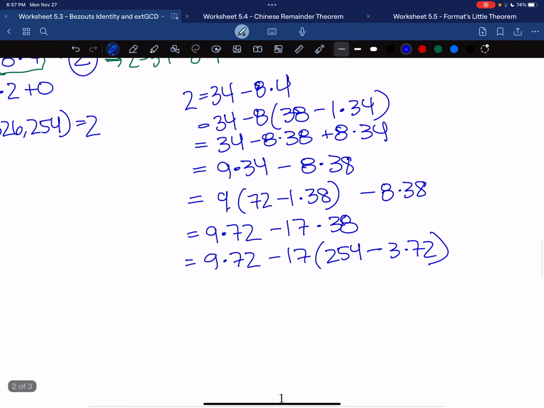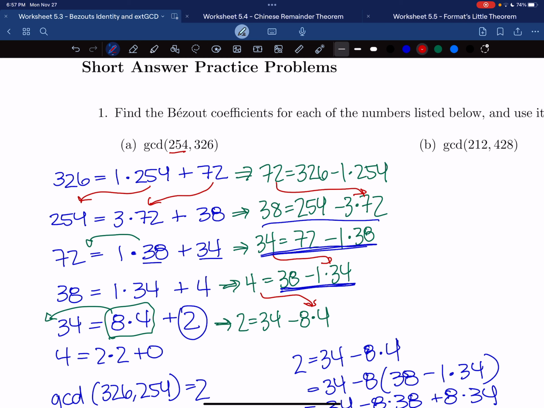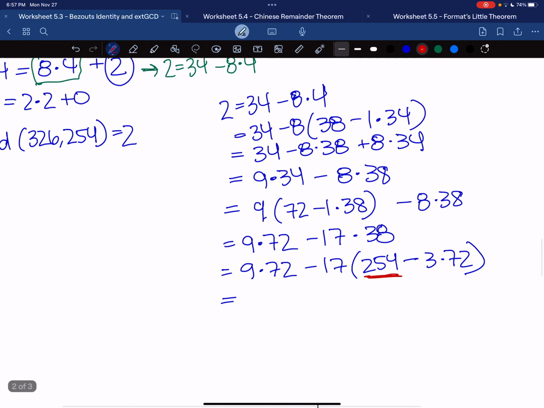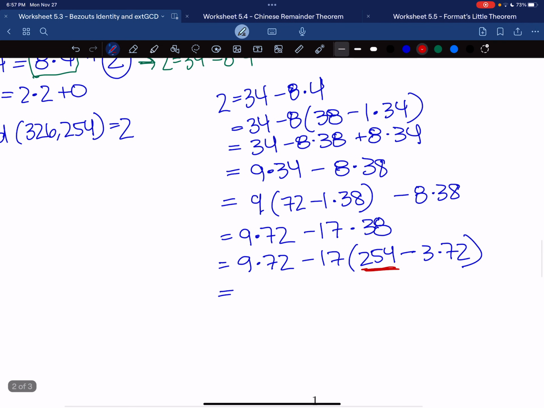I did say it's a little tedious, but we're getting now to a number. Bezout's coefficients are going to hang out with 254, and so we want something that looks like S times 254 plus T times 326. So now we've already got the 254 in the mix, and we'll eventually get the other value.